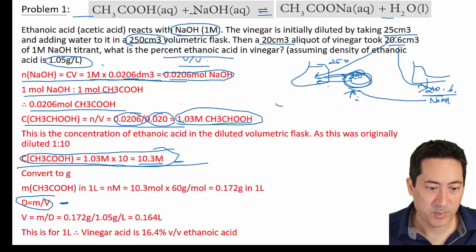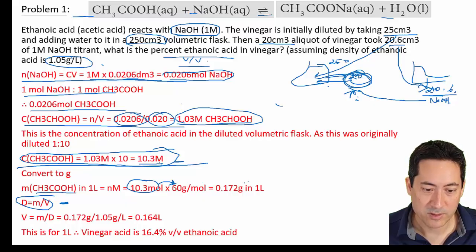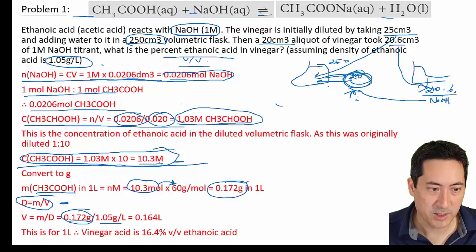So there's 10.3 moles per litre. What's the percentage of that? So if you've got 10.3 moles, acetic acid is 60 grams per mole, so that gives us 172 grams. And the volume of 172 grams, density is mass on volume, so volume will equal mass divided by density. So it's 172 grams divided by 1.05, which is up here.